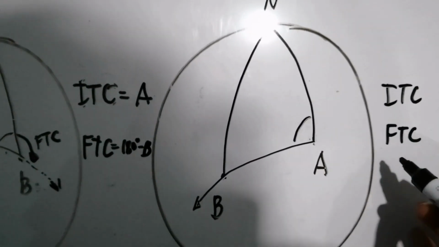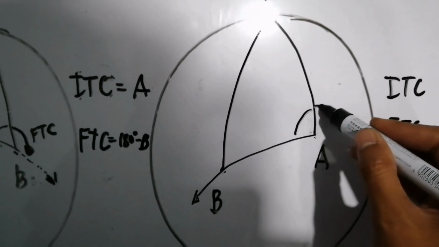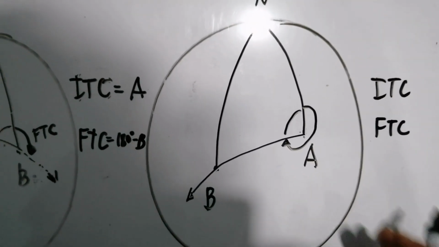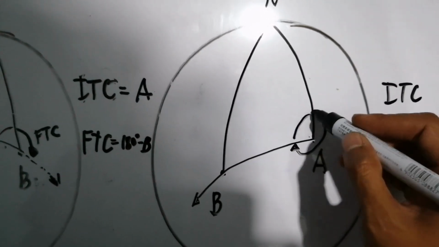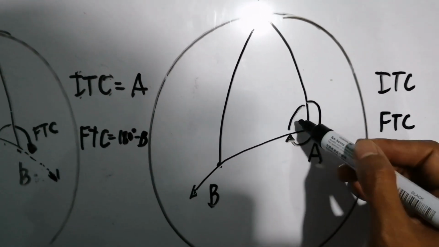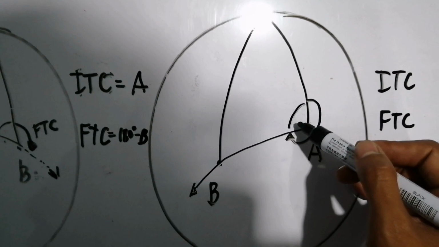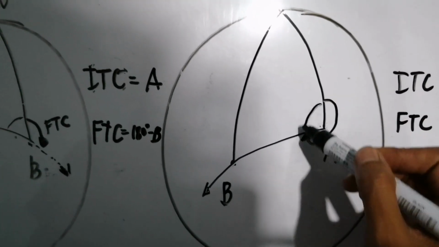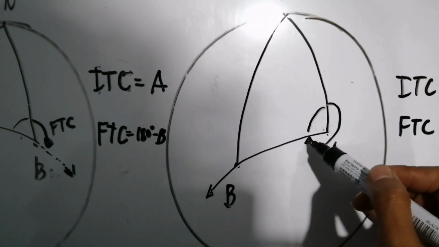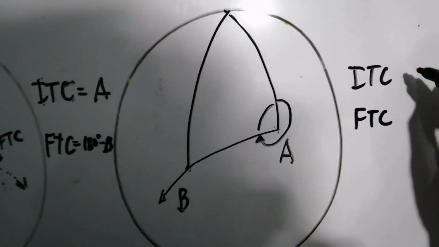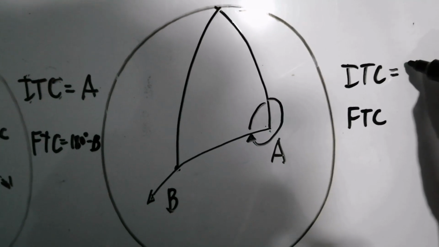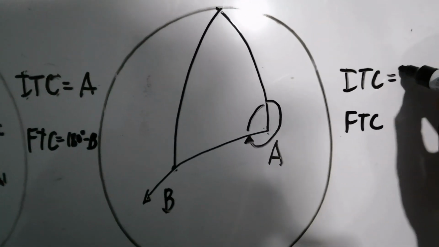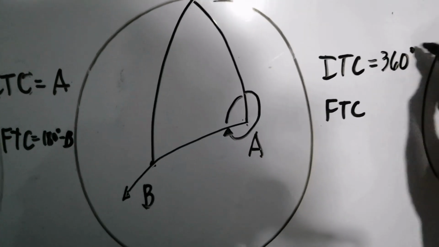The initial true course will be this angle here. Again, the true course is from the true north clockwise. Using angle A, notice this one is one whole revolution, or 360 degrees, so the initial true course in this case will be 360 degrees minus your angle A.